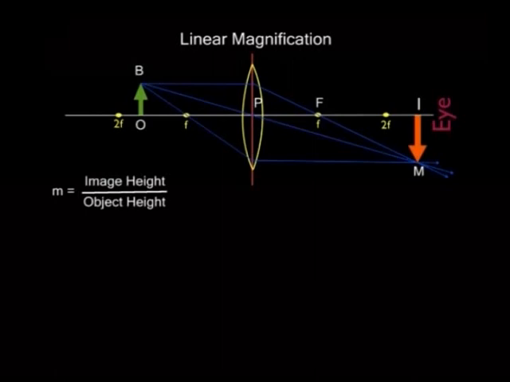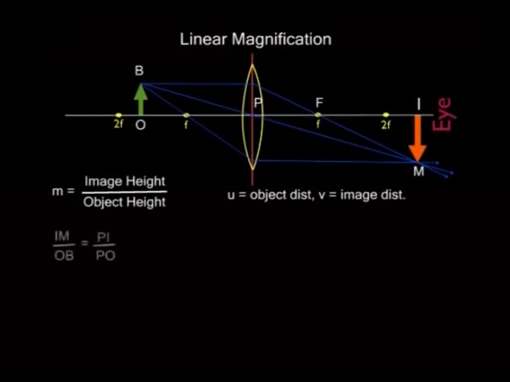Now, consider an object OB placed in front of a convex lens. OB is the height of the object and IM is the height of the image. Let U be the object distance PO and V the image distance PI. Triangles POB and PIM are similar.